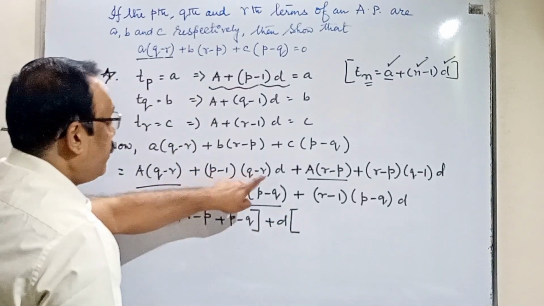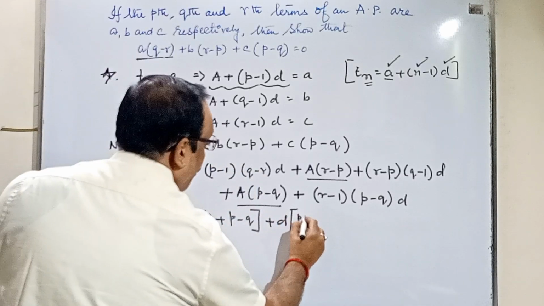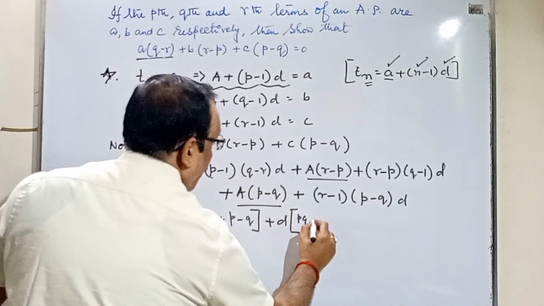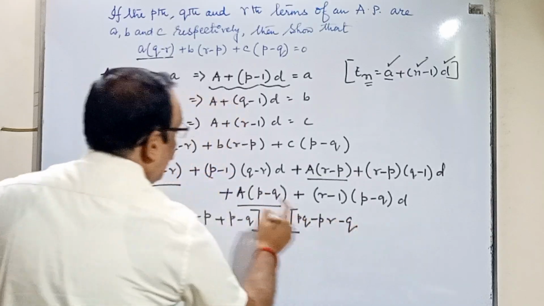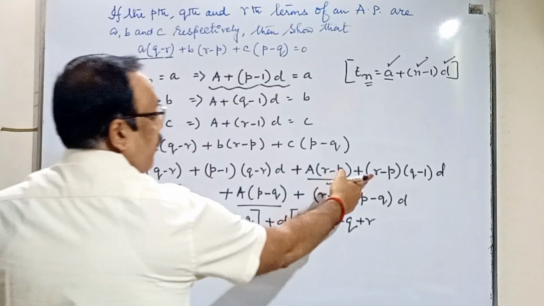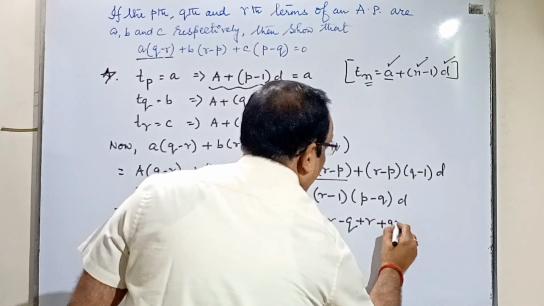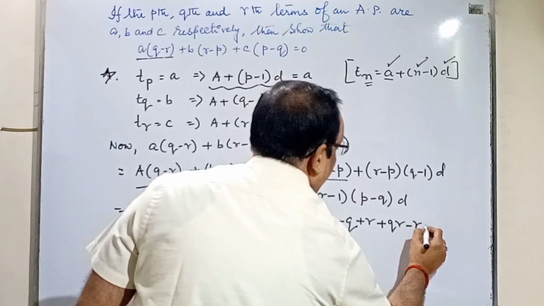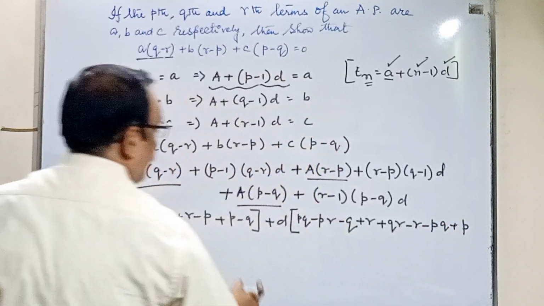So I have got (P minus 1) into (Q minus R), which is PQ minus PR minus Q plus R, and from here, (Q minus 1) into (R minus P), which is QR minus R minus PQ plus P.